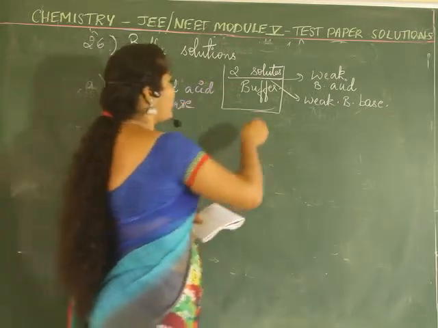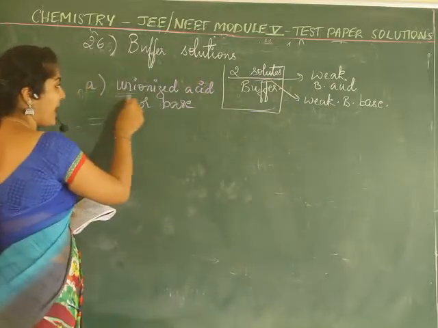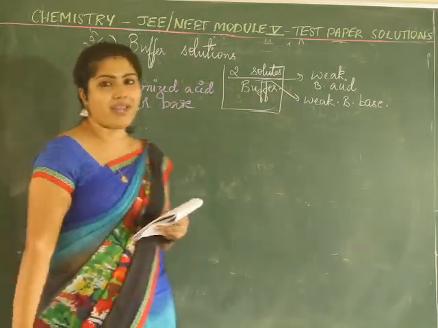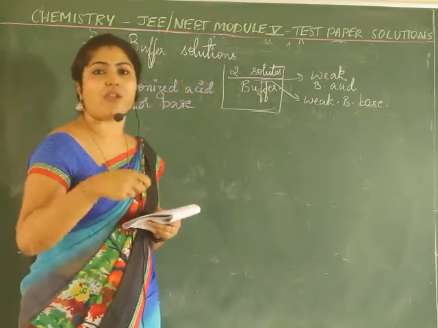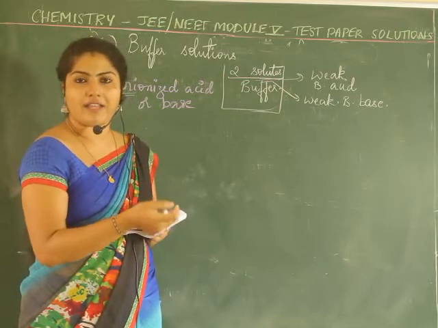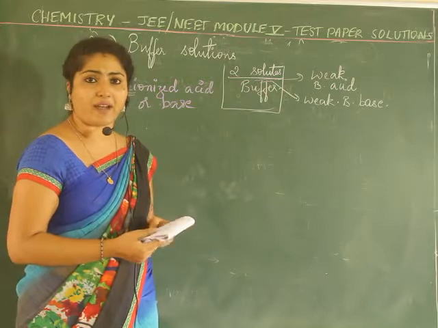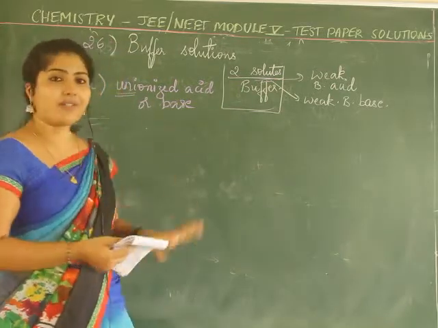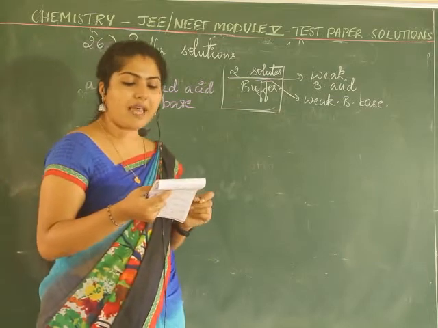I have told you two solutes are present, so they will react and there is formation of unionized acid. It does not allow the acid or base to ionize. If it ionizes, then we get that H plus ion concentration or OH minus ion concentration which will affect. So it will not allow the acid or base to ionize. It forms unionized acid or base.